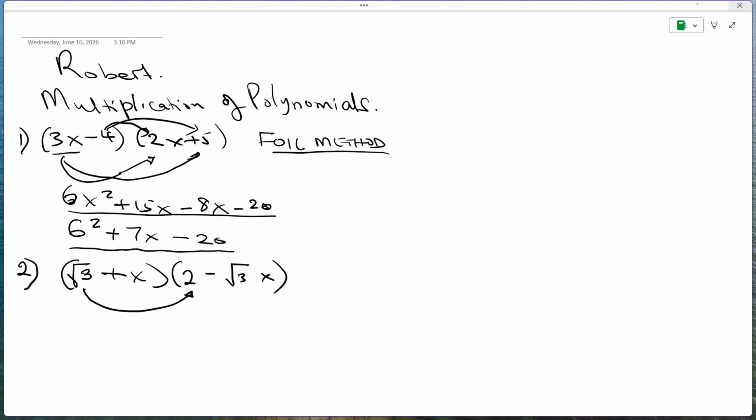3 by 2, and this one will give us 2 root 3, and then we multiply root 3 by negative root 3x, and this one will give us minus, but this time we'll have 3 because root 3 times root 3 gives us 3. And then we have our x out there.